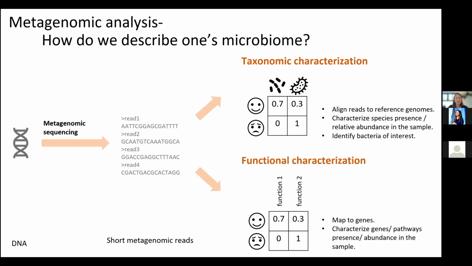So what's metagenomic sequencing? In general, it's taking the DNA and sequencing everything. In most cases, you'll have short metagenomic reads. So in each sample, you'll end up with a list of short sequences that represents the sample. These sequences are fractions of the genomes of all organisms you sampled.